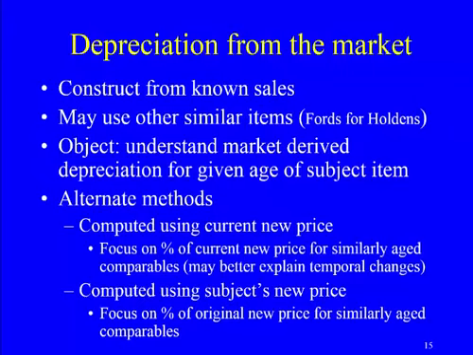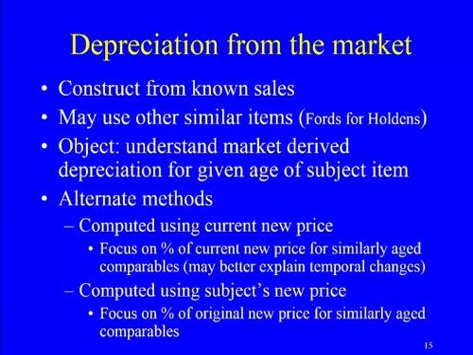Often it's possible to derive insights regarding the character and behaviour of depreciation from other similar items. For instance, with respect to motor cars, we might be able to extend our understanding of depreciation, say from Holdens to Fords, if we don't have sufficient sales evidence of the subject.